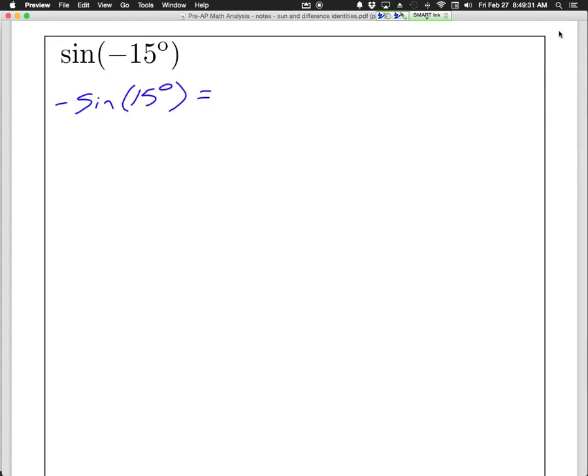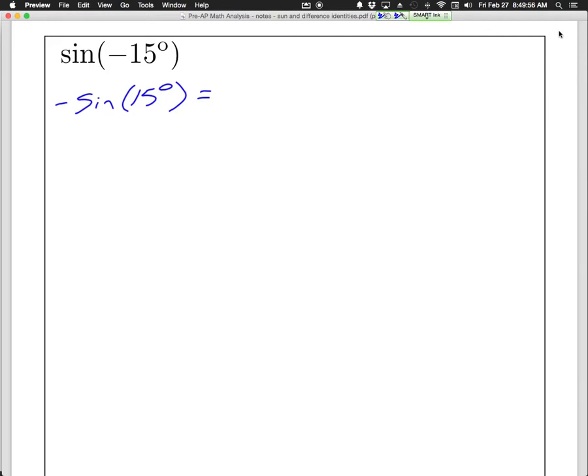Now, if you notice everything that we just wrote down on those identities, what was inside of sine, cosine, and tangent? A plus B or A minus B. So what do you think we want to do to 15? We want to split it up into 2 angles I know how to find the exact value of.